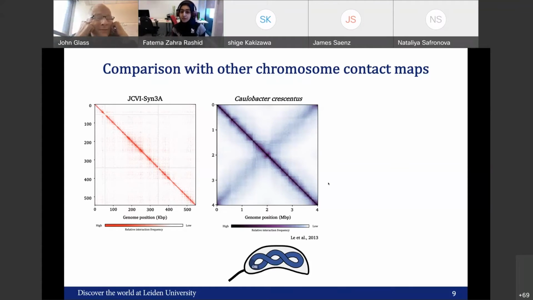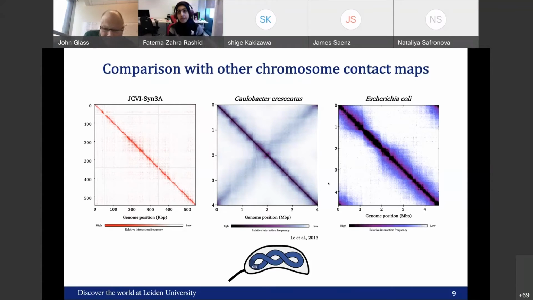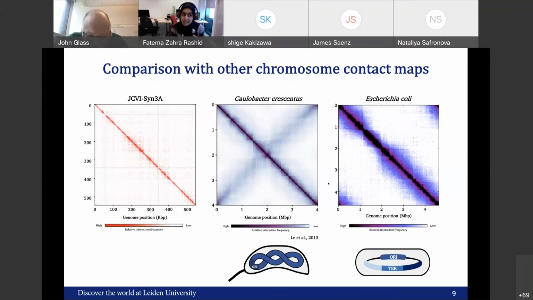And this is referred to as interarm interactions. Other model organisms like Escherichia coli lack this secondary diagonal, and so in principle, they lack interarm interactions. And since Syn3A resembles this organization, we expect that there are no interarm interactions in Syn3A, or no detectable interarm interactions.